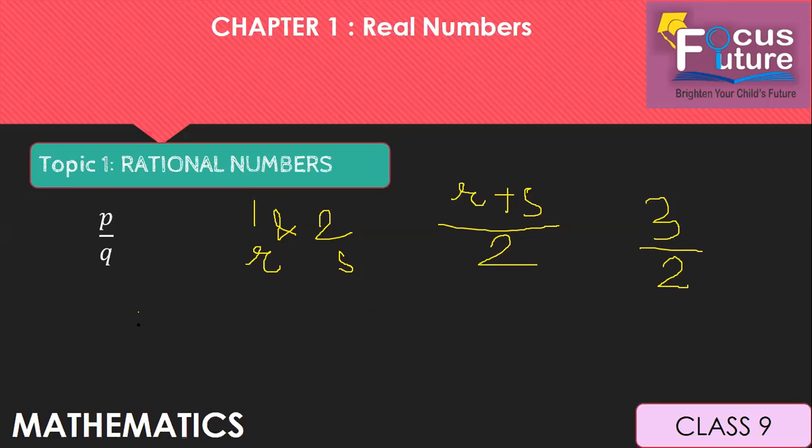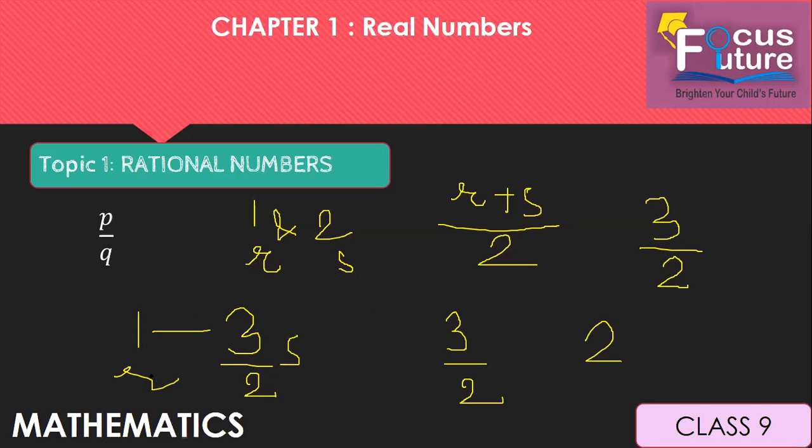Now I have to find a number between 1 and 3 by 2. Or I can find between 3 by 2 and 2, right? So this is your R and this is your S, and divide by 2.